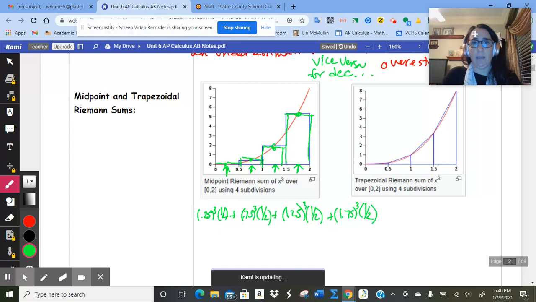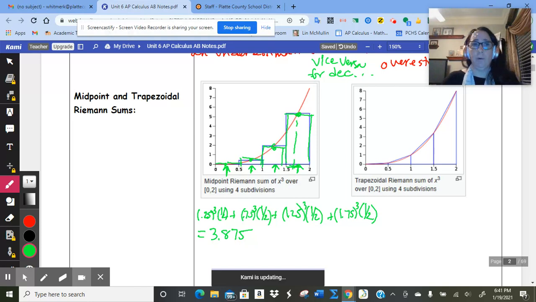So I'm taking the height times the base. And this gives me an area of 3.875. And that definitely looks like we're more exact. Okay, so that's looking a lot better.